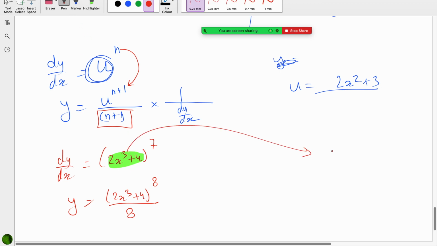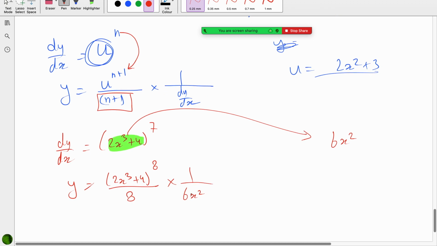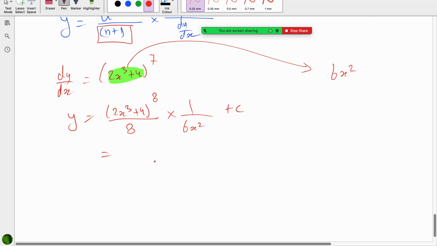Differentiation of this bracket is 6x square. Do you agree? And then you divide by the differentiation, plus c. And simplification is always required. 2x cube plus 4 power 8 over 48 x square plus c.